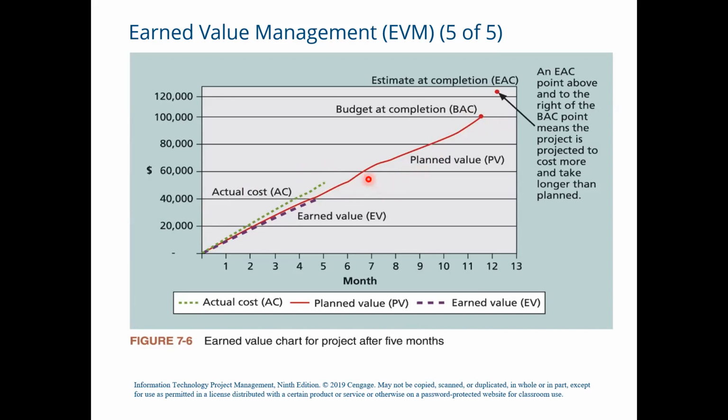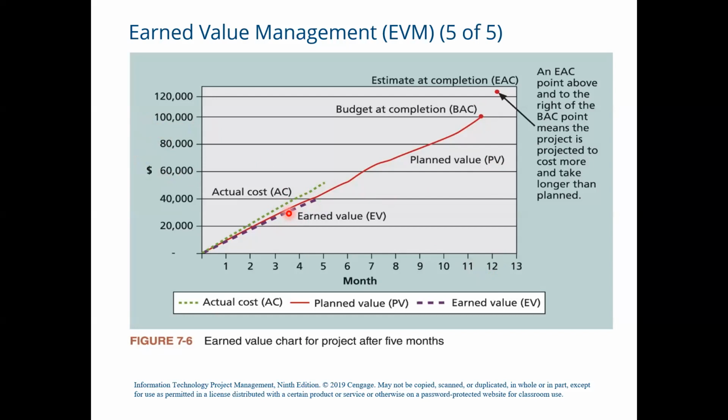So if the project goes as planned, it will finish in how many months? It will finish in 12 months. And the planned cost is $100,000. But you can notice in this example that the actual cost line is always on or above the earned value line, which indicates that costs are equal to or more than the planned values.